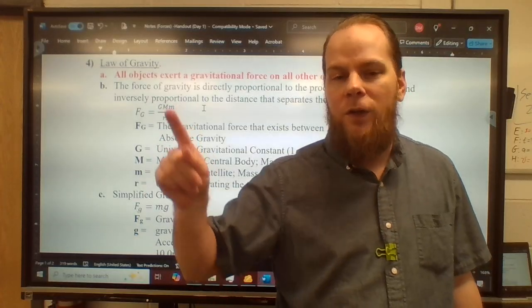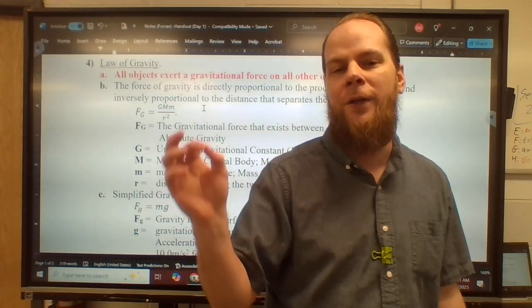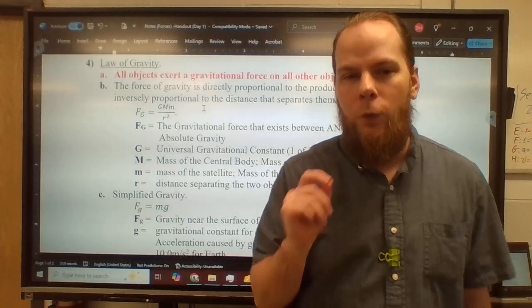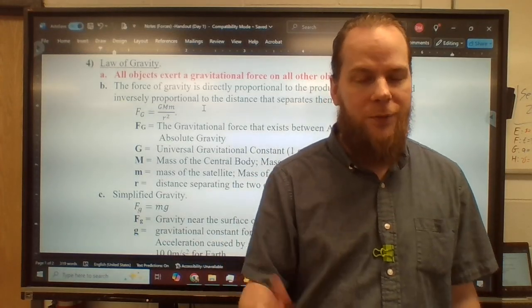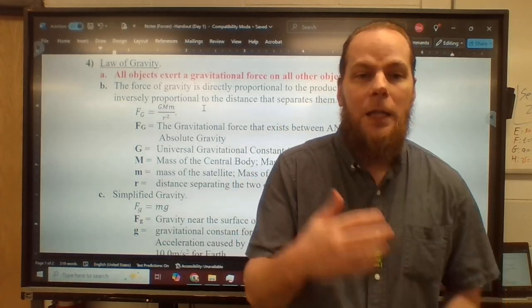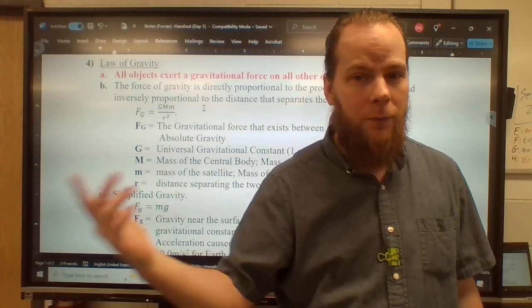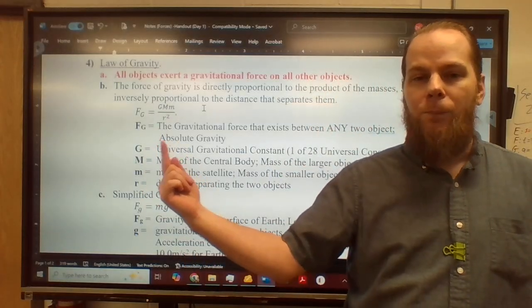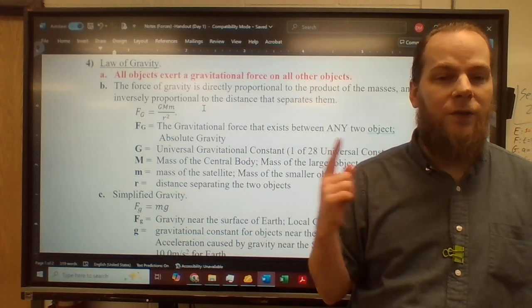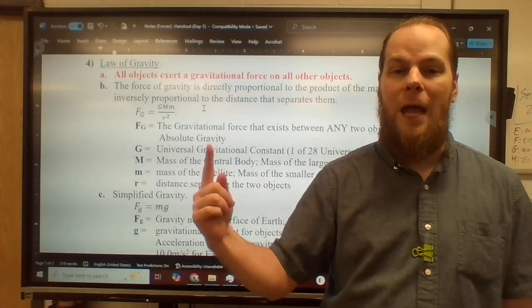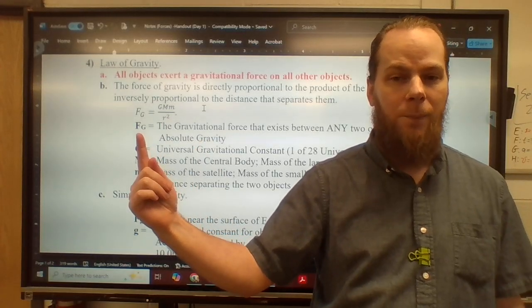Okay, but this equation is also customized just a little bit to work for space objects and satellites. Okay, like the moon. The moon is a natural satellite. Earth is a satellite of the sun. Okay, so the gravitational force that exists between any two objects, or the absolute gravity, that's what the Fg is.